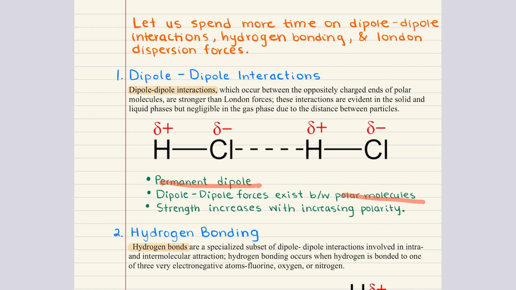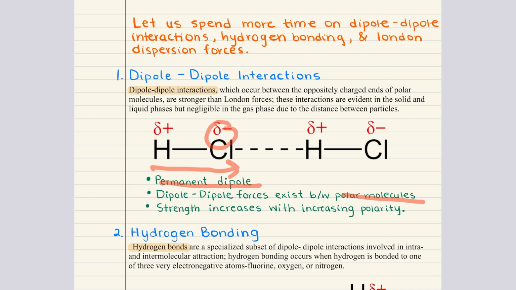Electronegativity is a measure of an atom's ability to attract electrons in a bond. When two atoms with different electronegativities form a bond, the more electronegative atom pulls the electron density more towards itself and it gains a partial negative charge.